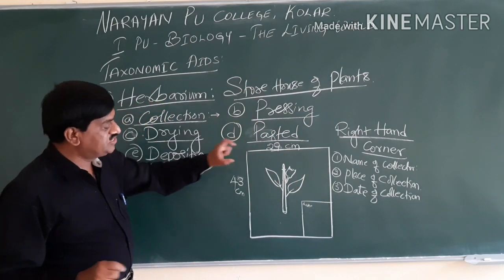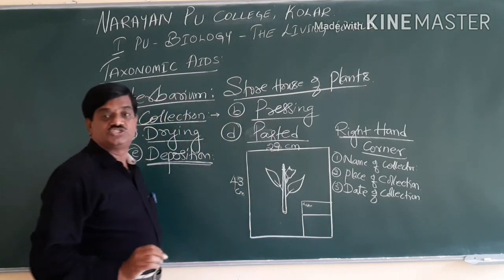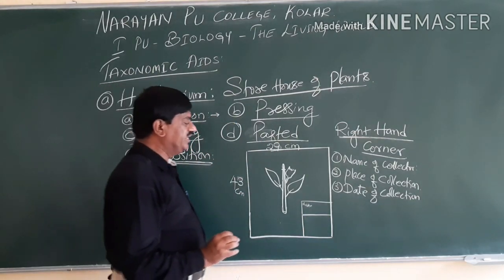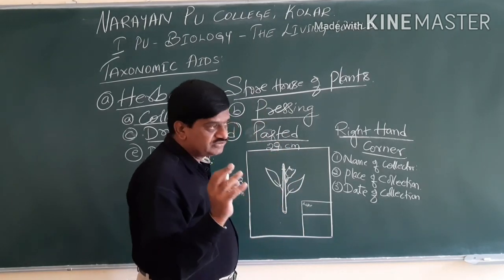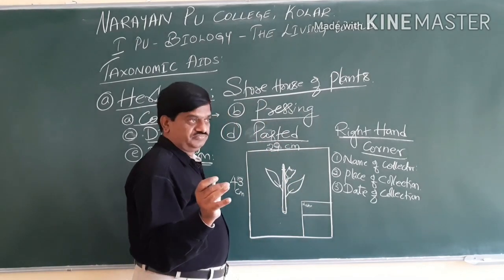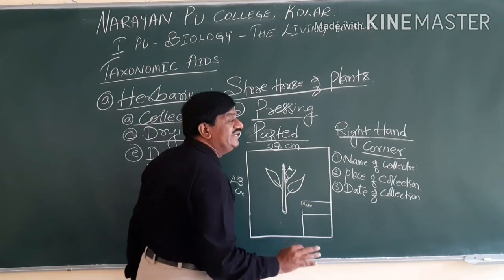After writing these three items, we go for the plant details. As I said, the categories: kingdom, division or phylum, class, order, like this, we write all the details.